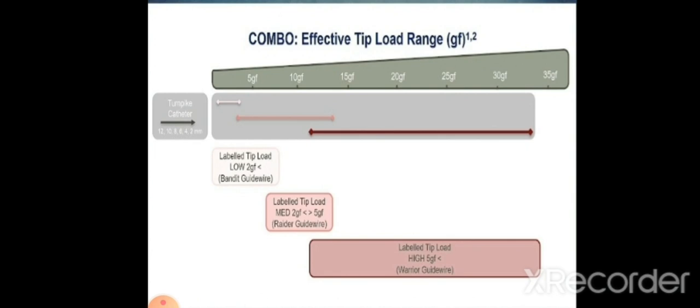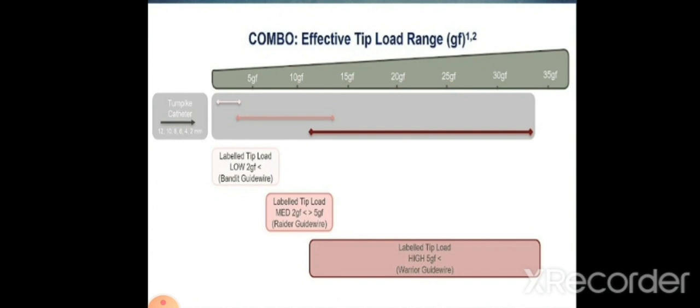Also, the same will happen with the mid-range, like Rider guide wire, with a tip load of 2 gram to 5 gram. By the site at which the Turnpike tip will reach from 2 mm to 12 mm distance, you have a range of effective tip load starting from 5 gram force to more than 13 gram force.